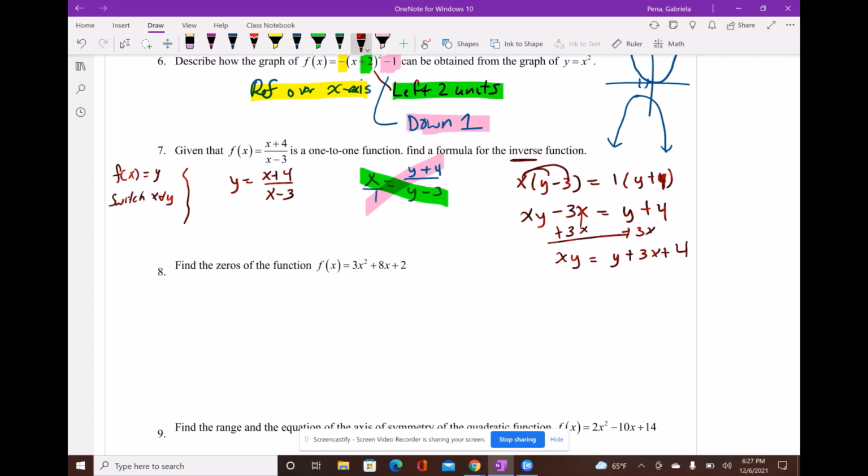What can we do next? Subtract y. Oops, I forgot that xy minus y equals 3x plus 4. What do x, y, and y have in common? A y. When I factor out the y from the first term, I have x left over. When I factor out y from here, we have a minus 1.